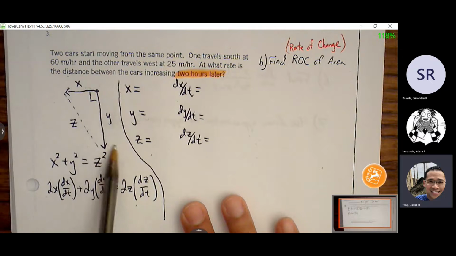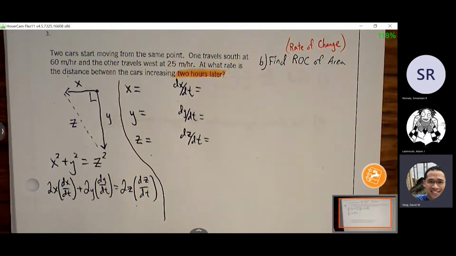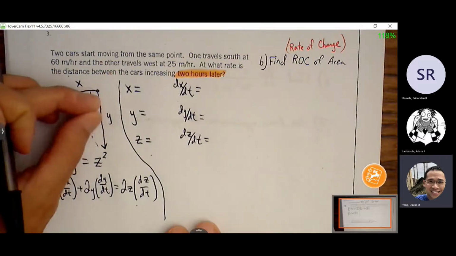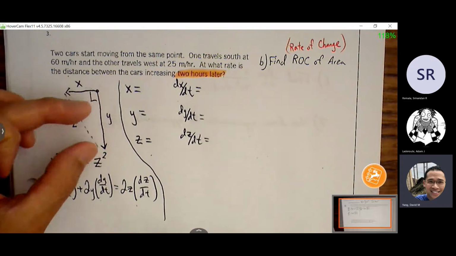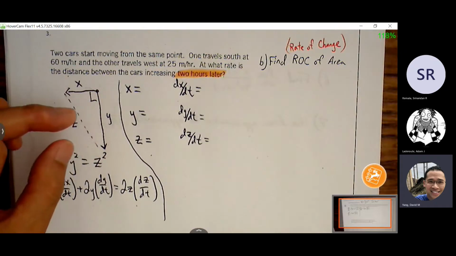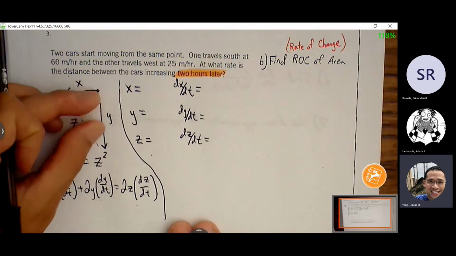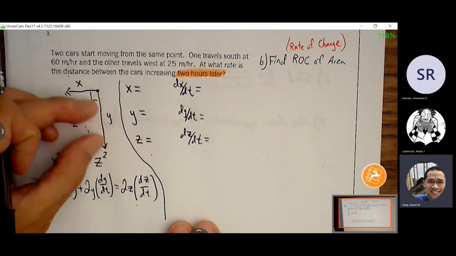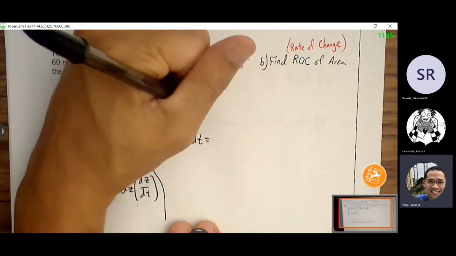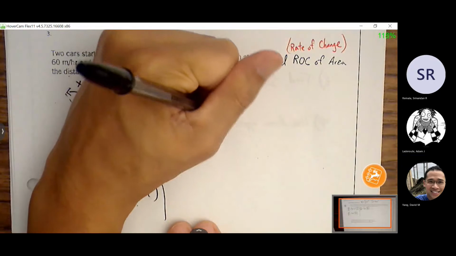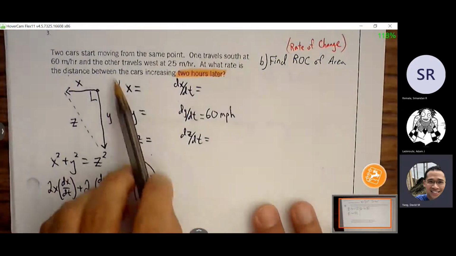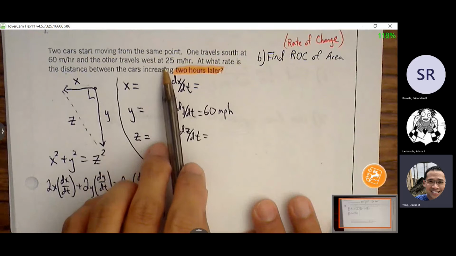So don't pay attention to the direction. The direction has no bearing on whether we want our rate to be positive or negative. Imagine what's happening to that length. If you can imagine that length increasing over time, you want that rate to be positive. What that means is y is increasing at a rate of 60 miles per hour. The other travels at 25 miles per hour.